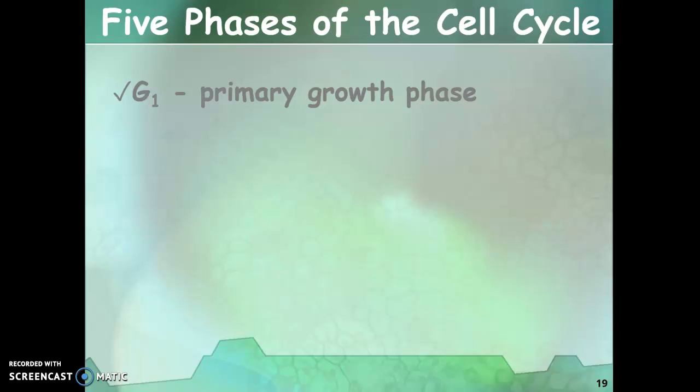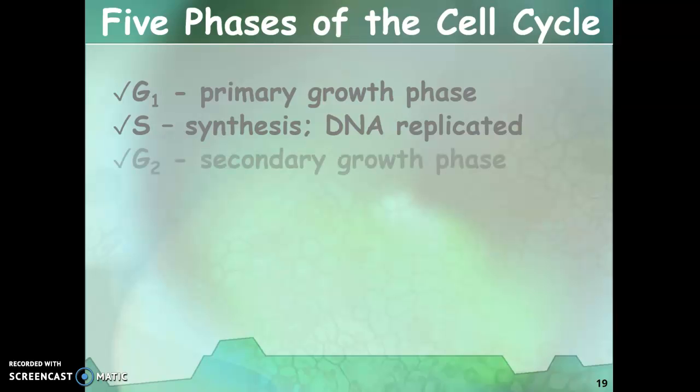The cell cycle has 5 phases, as you saw. The first one is called G1, and G stands for growth. So this is the primary growth phase, followed by the S phase. S stands for synthesis. So that's where the cell synthesizes DNA, so DNA replicates.